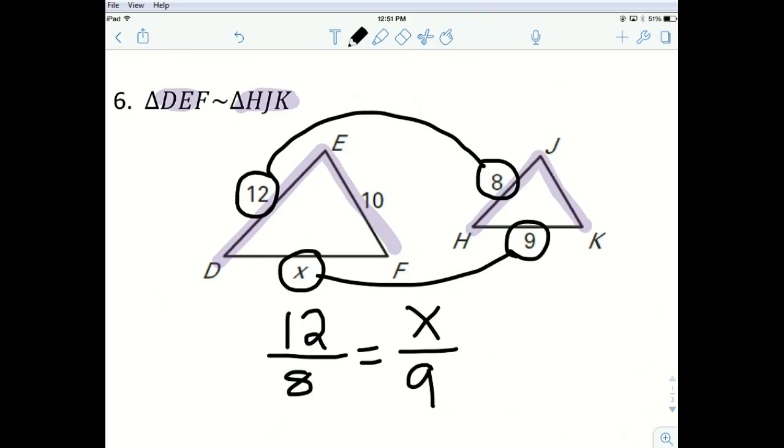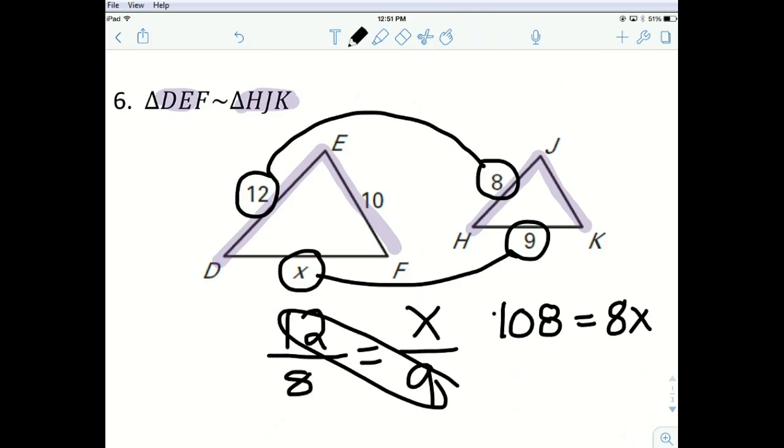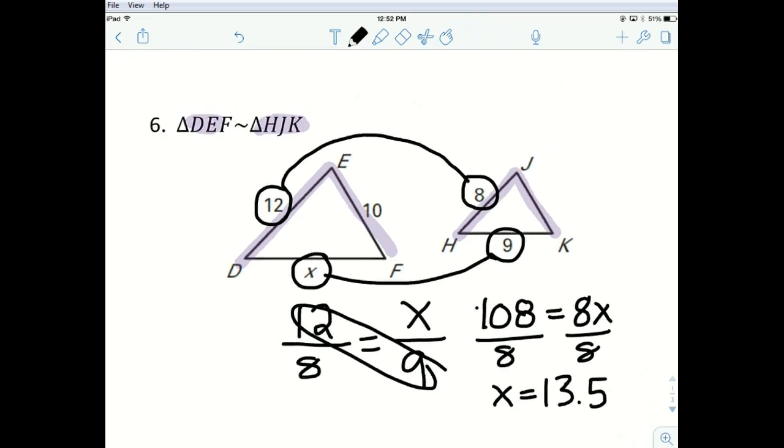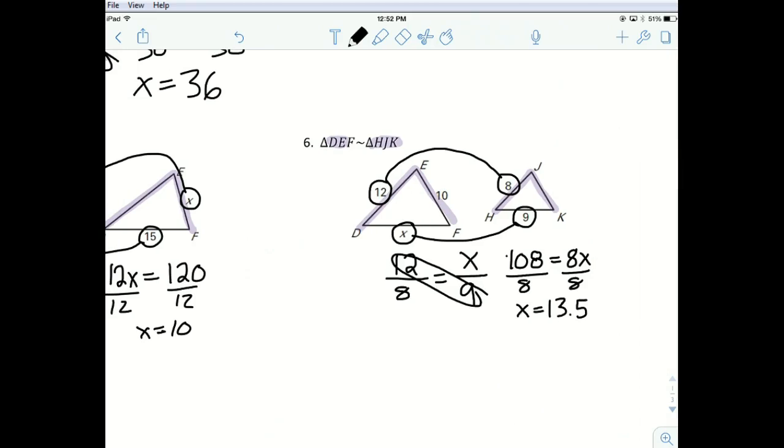It's 12 times 9 in one direction. That's 108. The other direction, it's 8x. When we divide both sides by 8, we get 13.5.